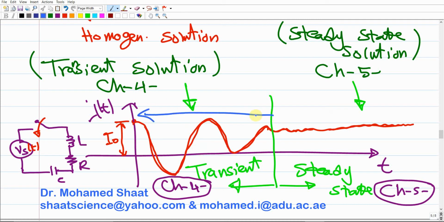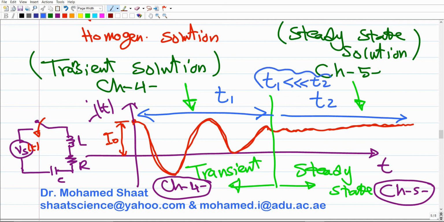If we assume this time period is T1 and this one is T2, T1 is too small in comparison to T2. It means that the transient period takes just a few seconds, even just part of a second.